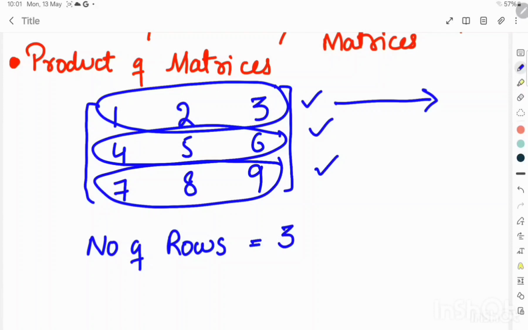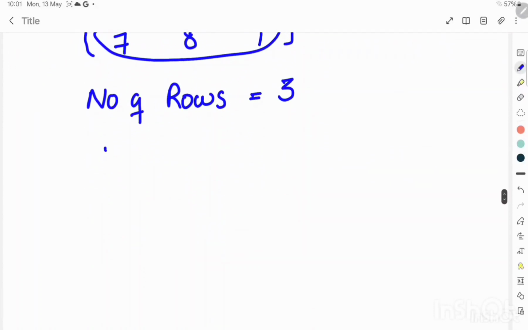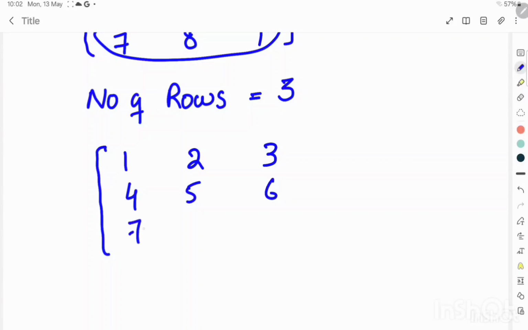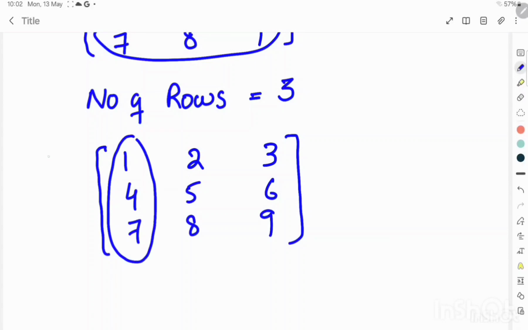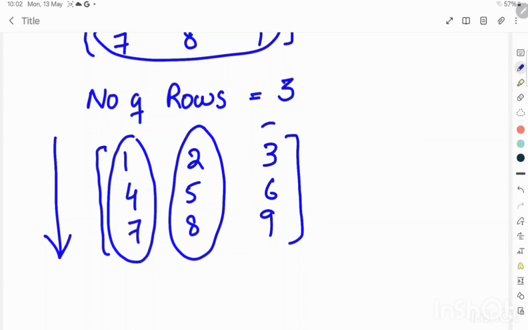Okay student. Now the numbers which lie from upward to downward. The same matrix I have right here. Now you can see that there is one more position in this matrix, that is from upward to downward. These numbers go from up to down. This form of numbers is called the columns of the matrix.